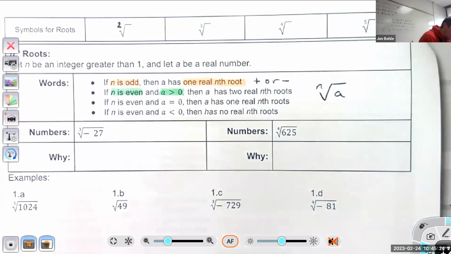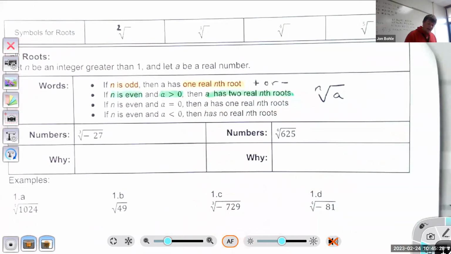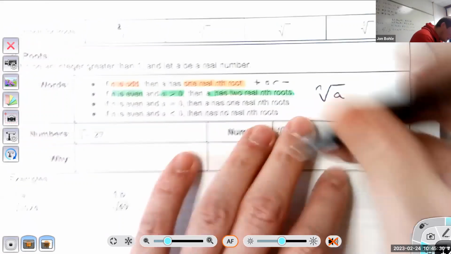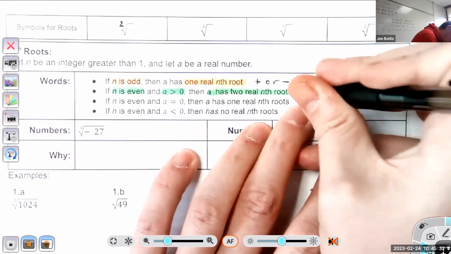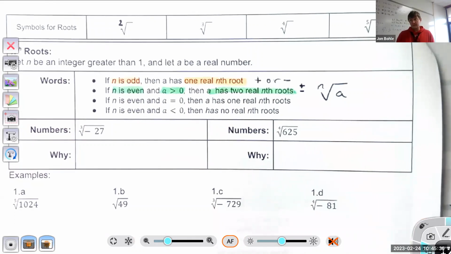Then what is going to be the case? a is going to have 2 real roots, and it's going to be a positive and a negative number. Positive and negative. Not or negative. So when it's odd, it's positive or negative, one or the other. When it's even, it's going to be both positive and negative. And we'll discuss that at length.